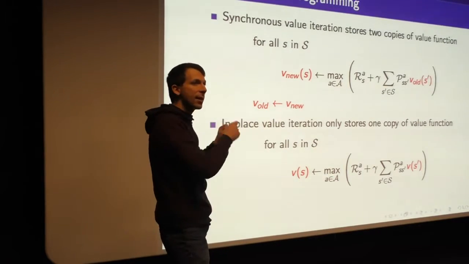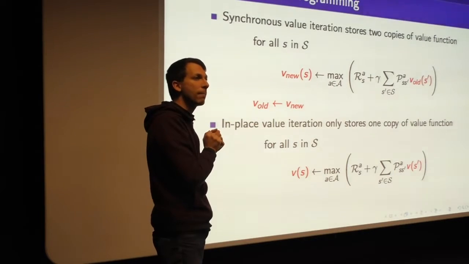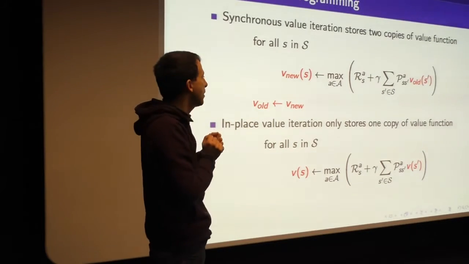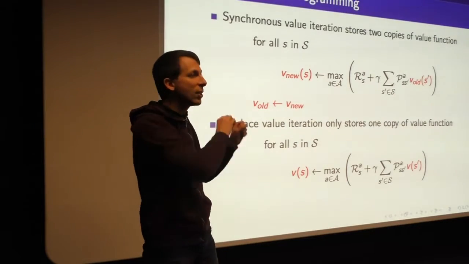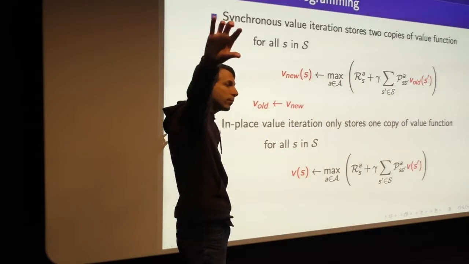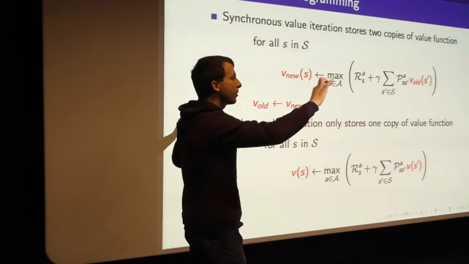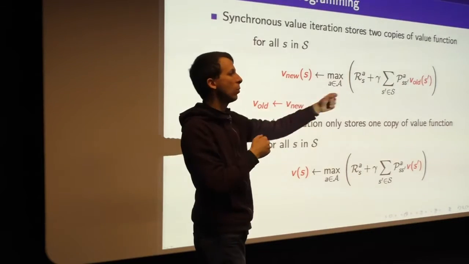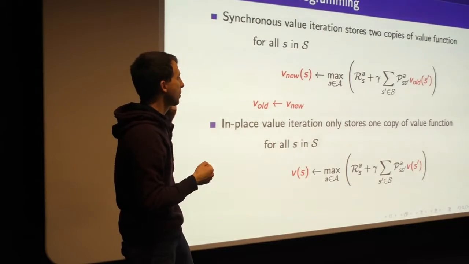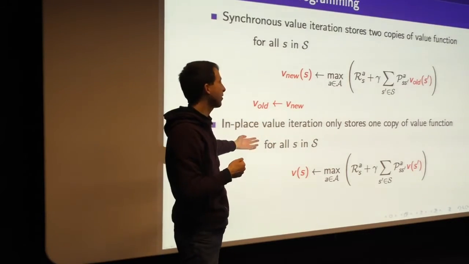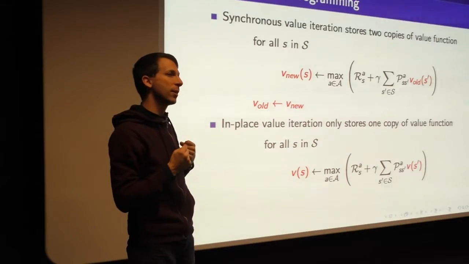The only question now is, how do you order states so as to compute things in the most efficient way? It turns out, in some problems, you can be much, much more efficient. Imagine you've just got a single corridor, and you happen to sweep over your states in a goal towards source direction. Then in-place value iteration in one sweep through all of your states will have already computed the optimal solution.